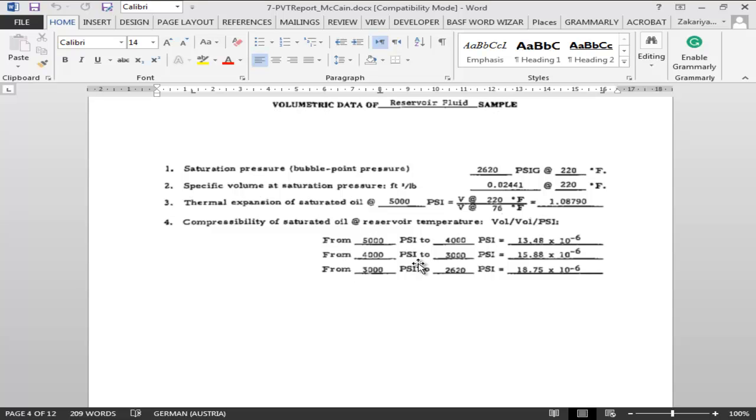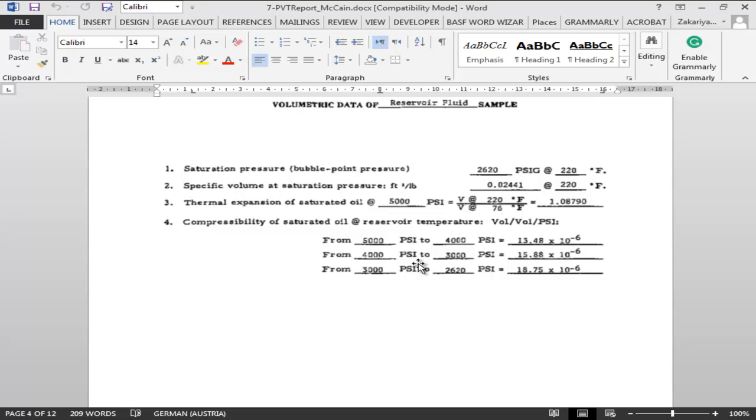Okay, so the problem with compressibility, I don't remember actually how it looks like, but it's mentioned in William McCain's book, page 231.